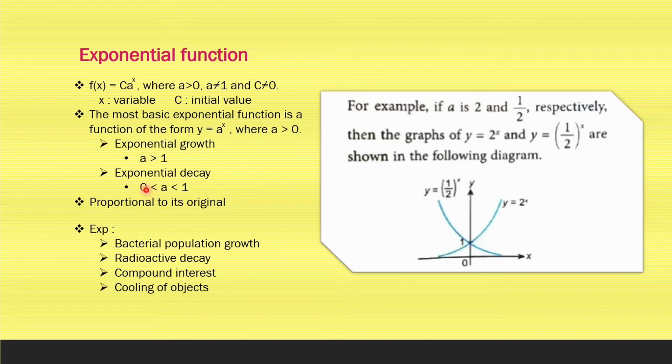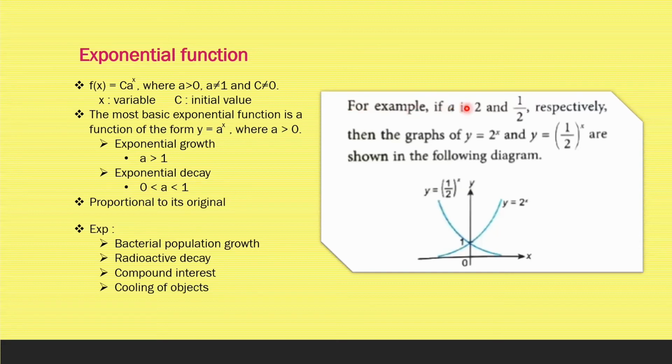When 0 is smaller than a and a is smaller than 1, the function decays in a manner that is proportional to its original value. This is called exponential decay.